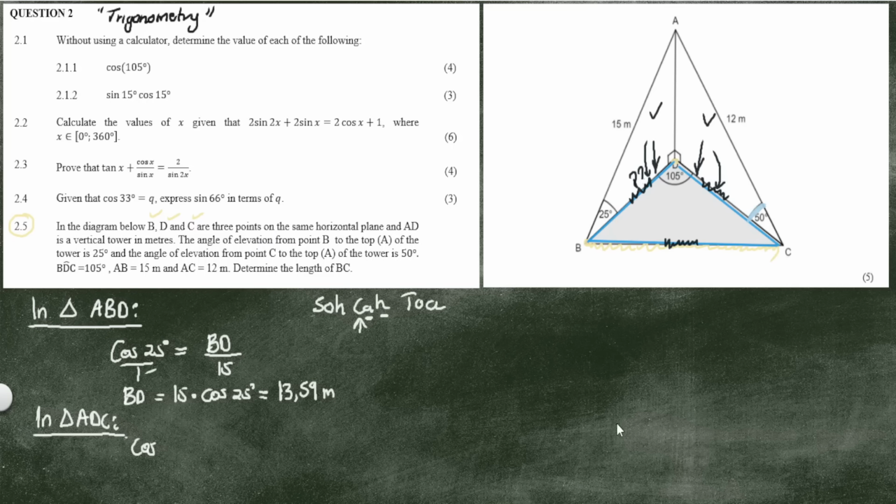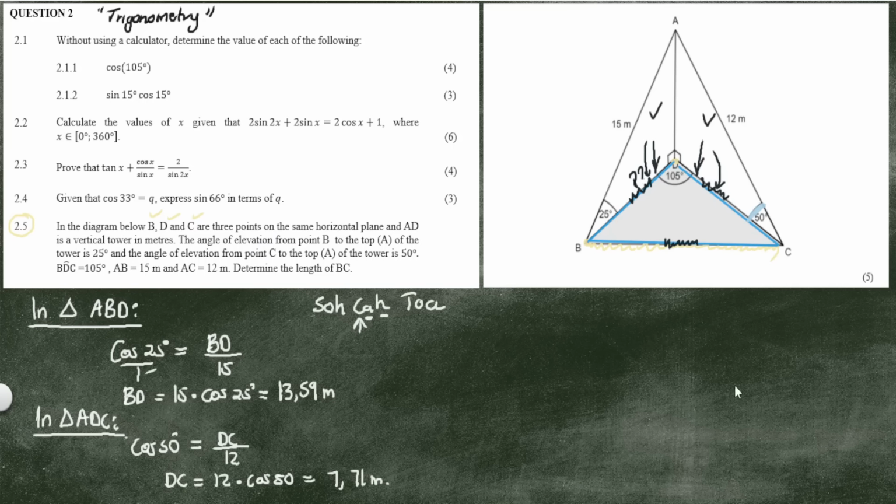So cos 50 degrees is equal to adjacent DC over hypotenuse, which is 12. DC is equal to 12 multiplied by cos 50 degrees, which is 7.71 meters.